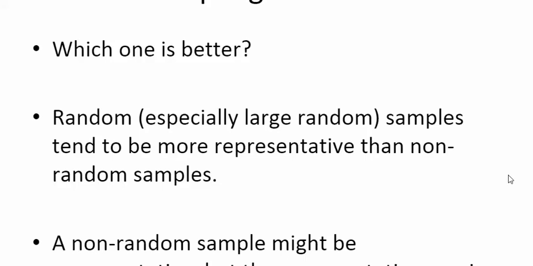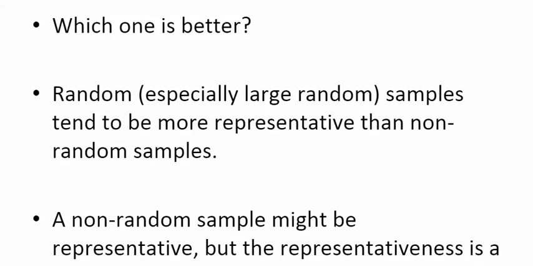You're more likely to get some of each grade level, some of each age group, some of each gender, and some of each type of major. You're likely to get a pretty well-rounded representative sample, even if it's not perfect. So the reason why random samples tend to be more representative is because random sampling gives all population members an equal chance of being chosen.